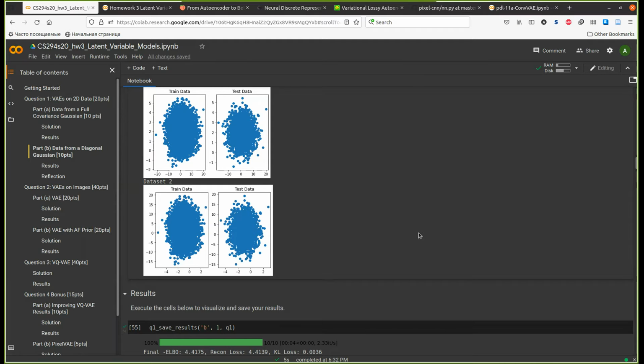That is what we did with our first homework and first module, where we modeled the output distribution with the PixelCNN, and PixelCNN is capable of modeling the distribution of natural images quite well.